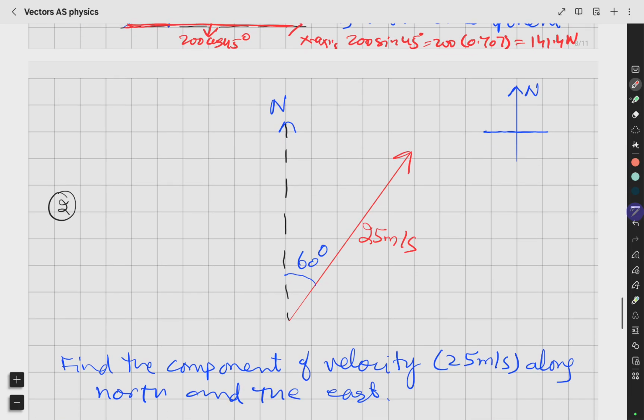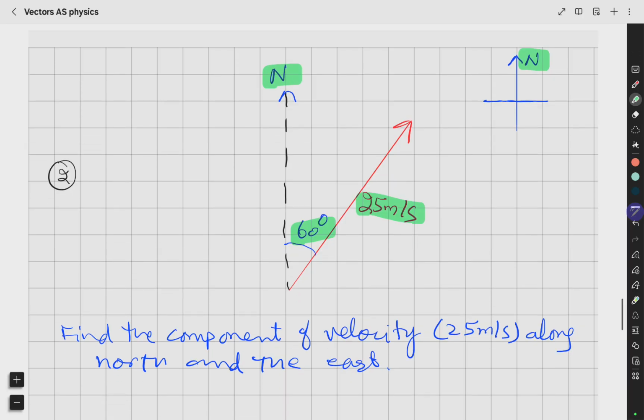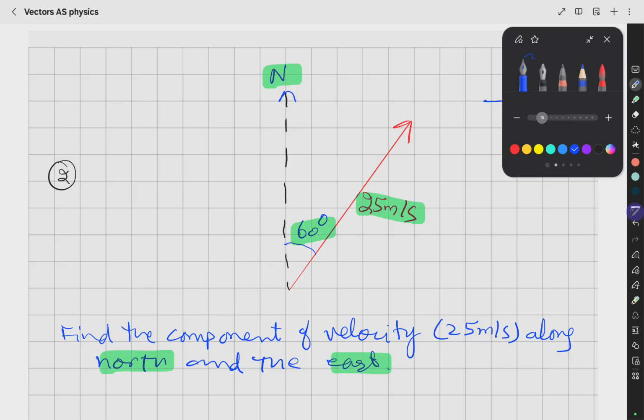Let's look at example 2 now. There's a velocity vector acting in the northeast direction at an angle of 60 degree to the north. They're saying find the components of the velocity along north and along east. So what you do is you have to resolve it.